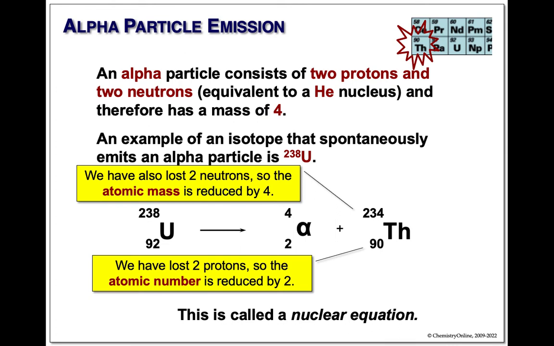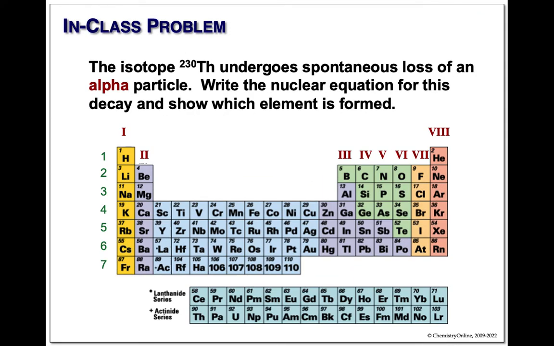All right, well, let's do an equation. Thorium-230 loses an alpha particle. We're going to write the nuclear equation. First of all, to get the atomic symbol, we have to look and find the atomic number for thorium. It's right here at 90.